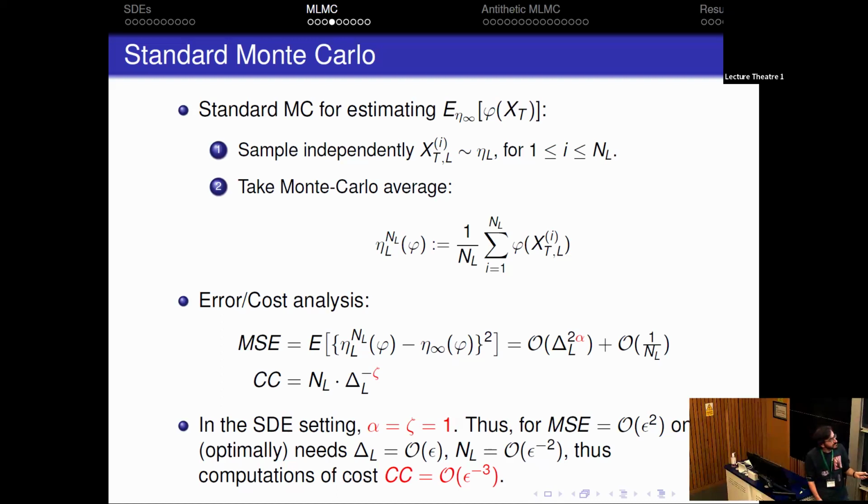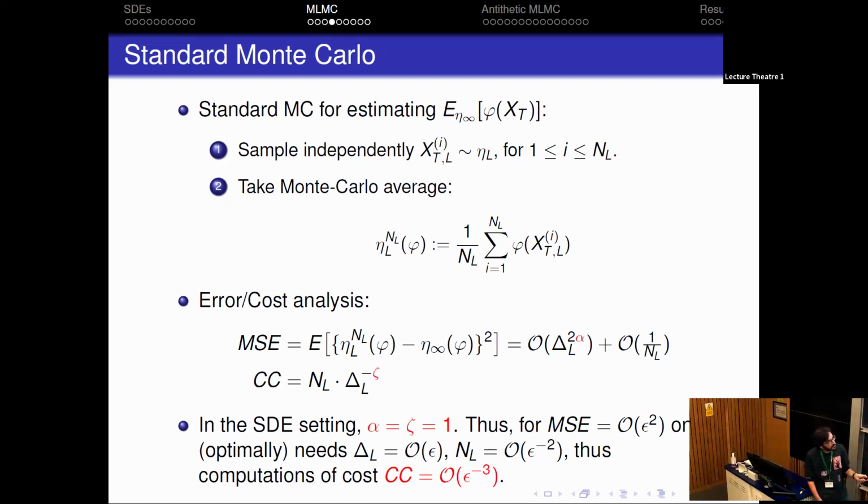It's just the variance plus the bias squared. This is where the weak error appears, in the bias squared. This is the computational cost, this is the number of your samples, and there is a zeta parameter here that is 1, for instance, typically for most discretization schemes. So how can we get a mean square error of order epsilon squared so that we are epsilon close to the true thing?